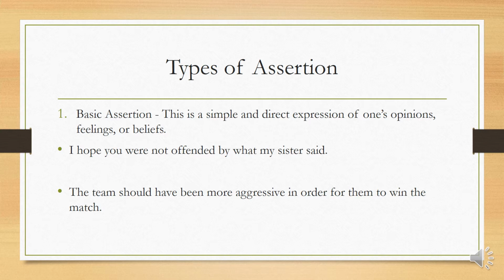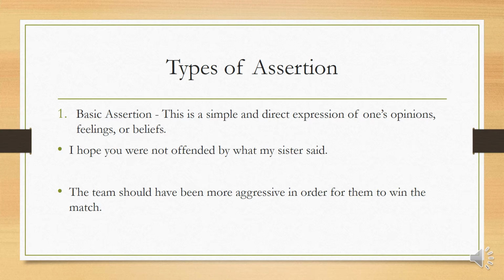So, as you can observe, in this example, it is simple and direct. And let's go to the second example. The team should have been more aggressive in order for them to win the match. Again, as you can see in the second example, it is a simple and direct expression of one's opinion, feelings, or belief.